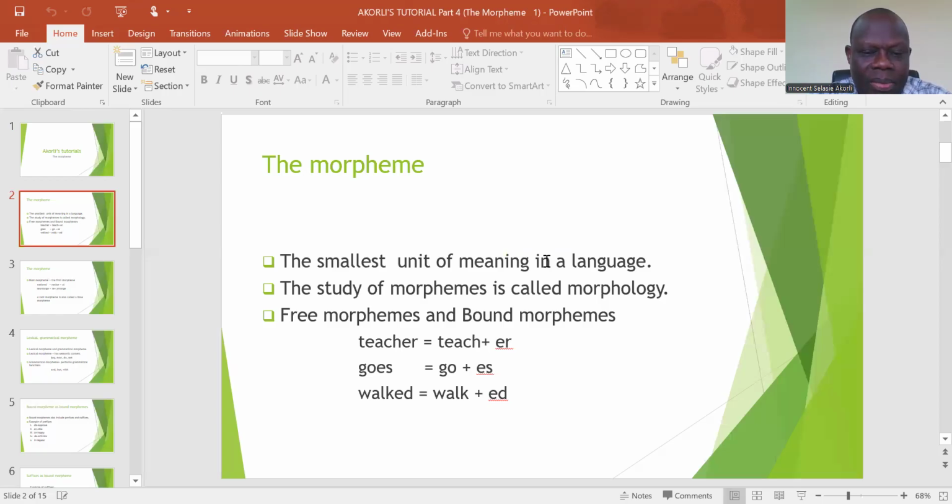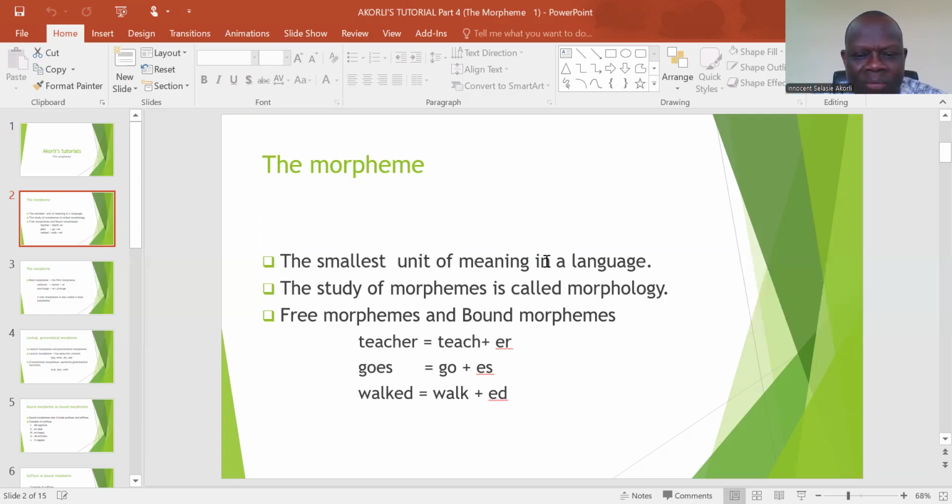Remember that morphemes are different from syllables. Syllables just mean unit of pronunciation. But morphemes have to do with, if you like, unit of meaning or the basis upon which you divide a word. If you are talking about morphology, then it is based on meaning.